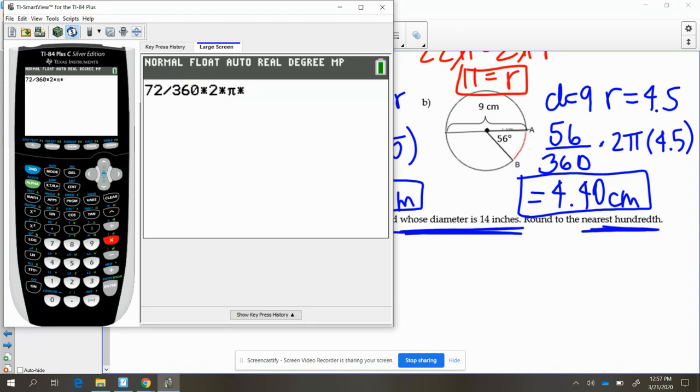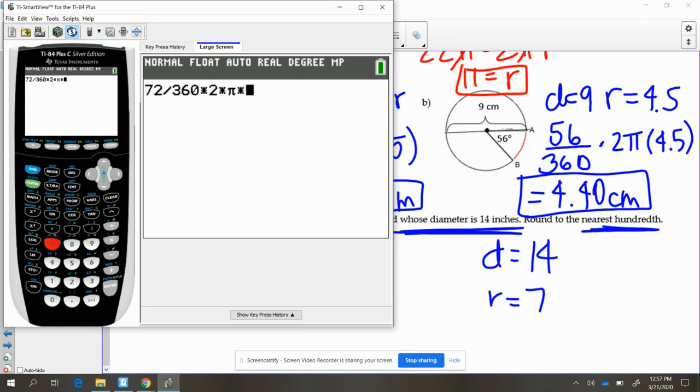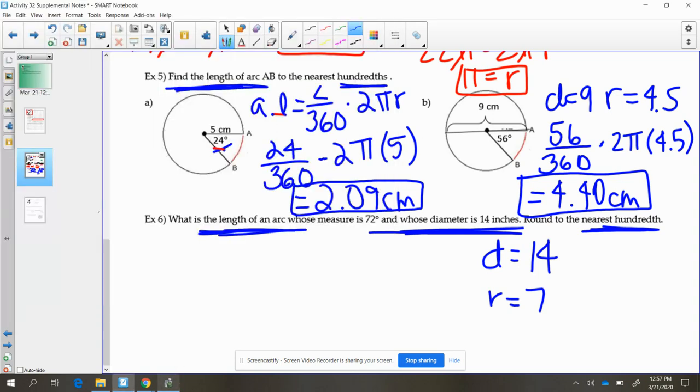Your diameter is 14, so your radius is 7. So be very careful when you're looking at your given information and you type stuff in. You're going to get 8.79, but be careful that the 6 makes the 9 round up, which is going to make the 7 round up, so that your arc length actually equals 8.80 inches.